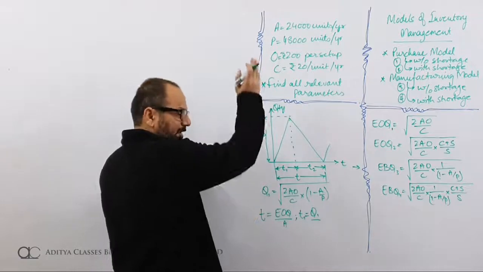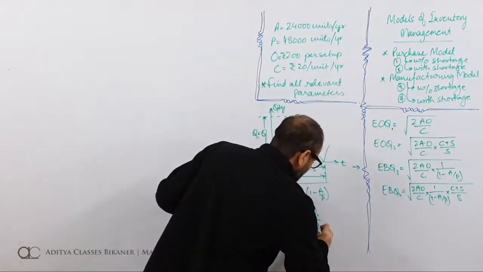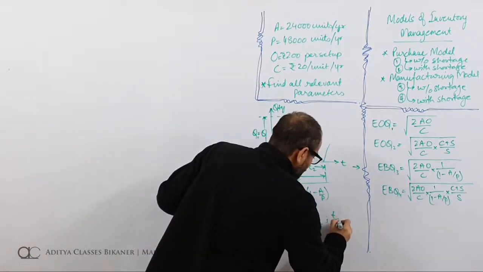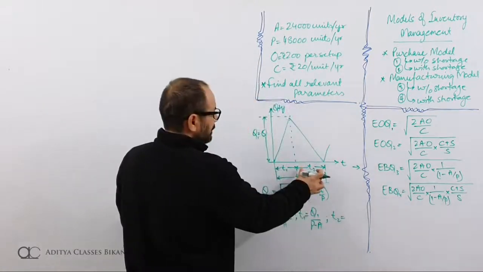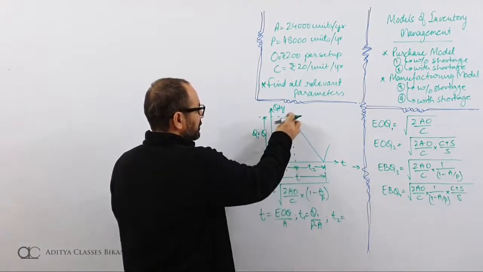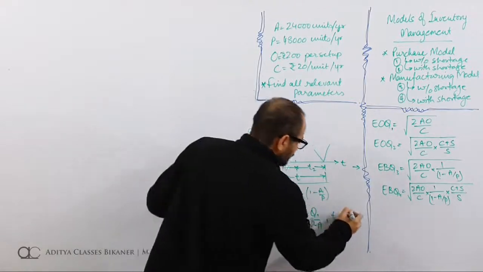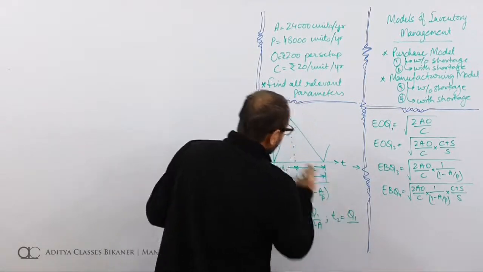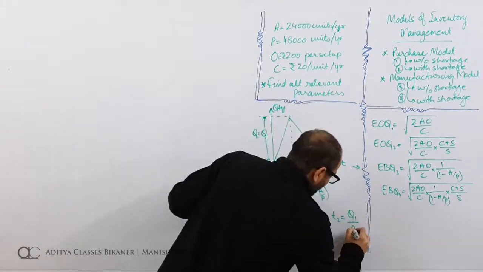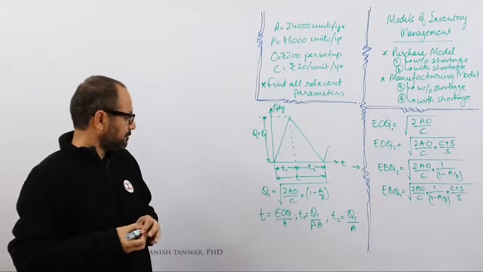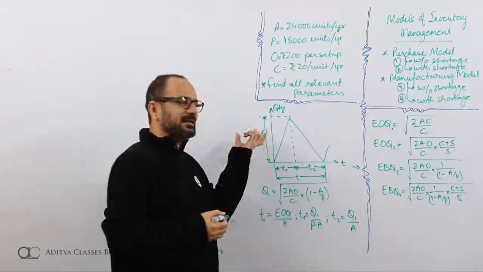And what is the rate of going up? The rate of going up is always P minus A. Then what is T2? The swing in quantity is from Q1 down to 0. So again it is Q1, but this time we are coming down with the rate of A. So in both T1 and T2, the quantity is Q1.